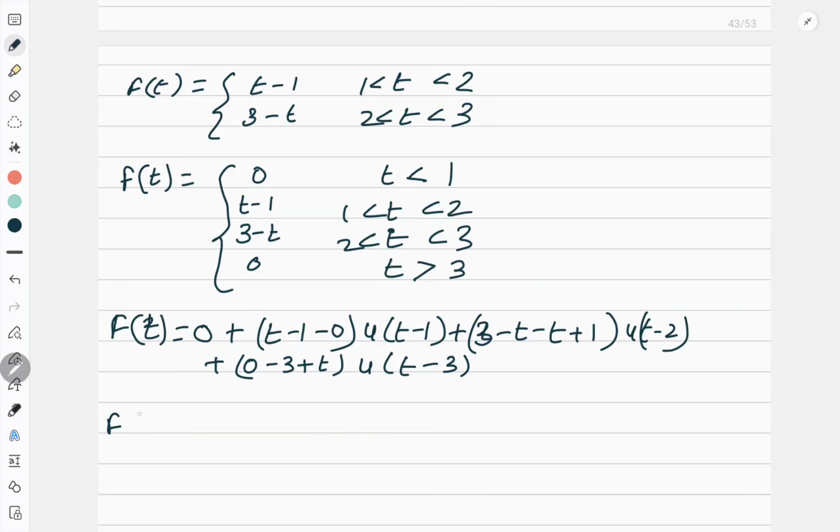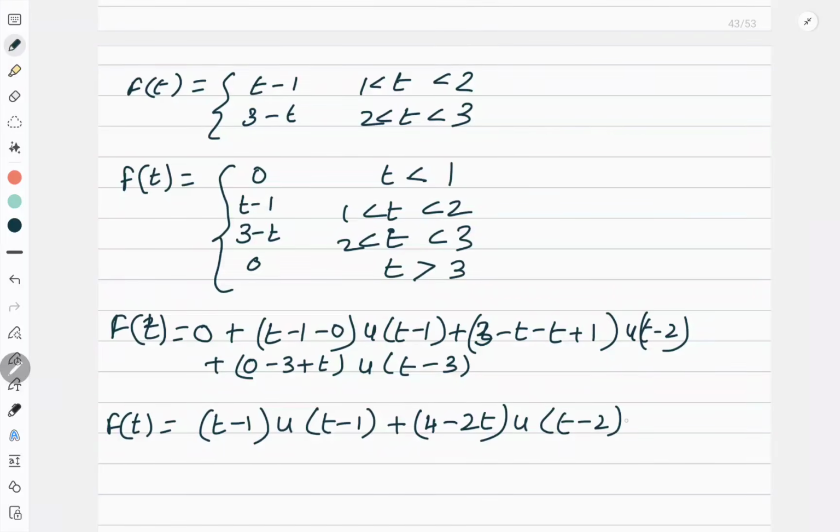Okay. So my f(t) becomes, see this one, (t minus 1) u(t minus 1), plus (4 minus 2t) u(t minus 2), plus (t minus 3) u(t minus 3).